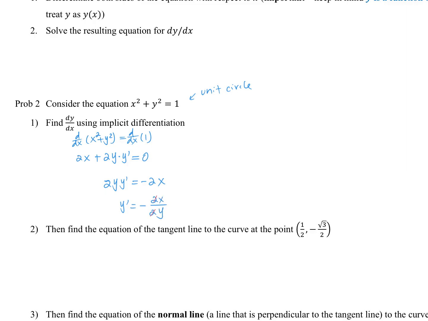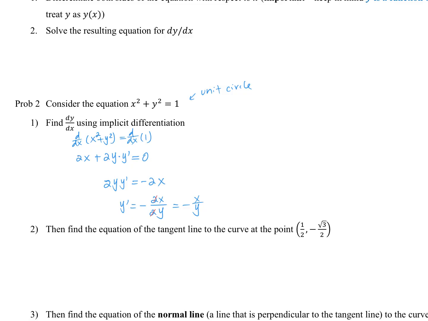And cancel the 2. We have negative x over y. And very often, when you use implicit differentiation, the derivative oftentimes is a function of both x and y. So very often it involves both variables.